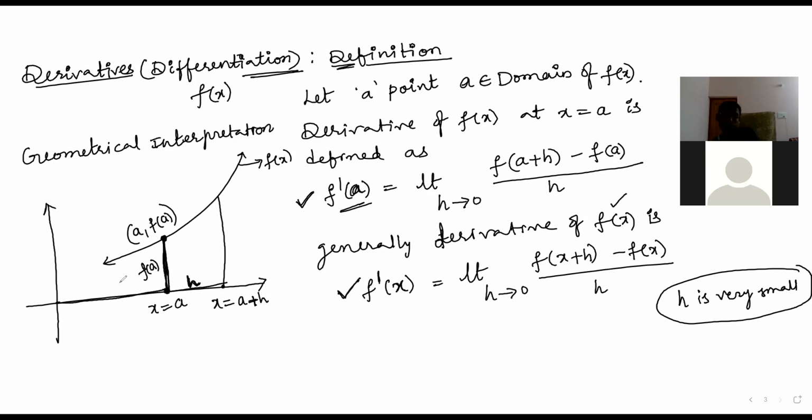So this point is a plus h. This point is going to be a plus h, comma f of a plus h. Right? So now I am drawing the curve.